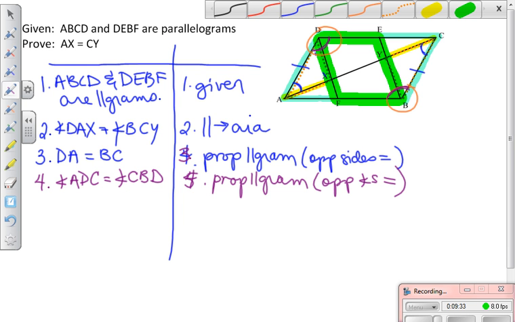If I start looking for the smaller angles, what I know then, if you look at parallelogram DFBE, the one in green, I know that this angle and this angle are going to be equal by the same reason. I know that angle FDE is equal to angle by property of parallelogram, opposite angles.